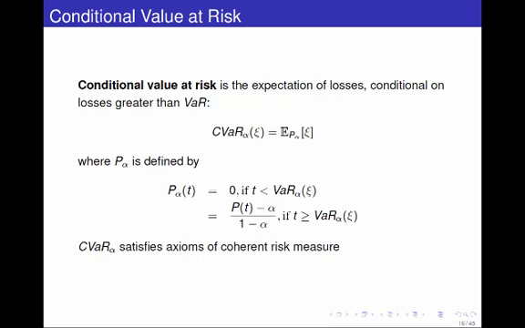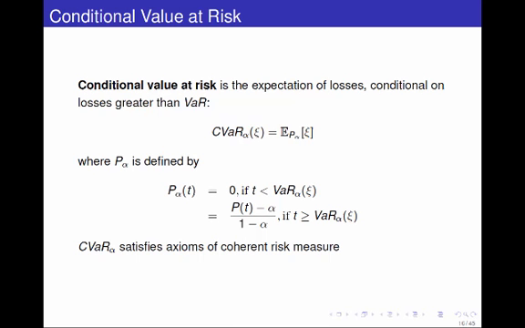So mathematically, to define it, it's fairly straightforward. We are going to look at this distribution here, and create the conditional probability distribution function, given that we know that psi is greater than VaR alpha.